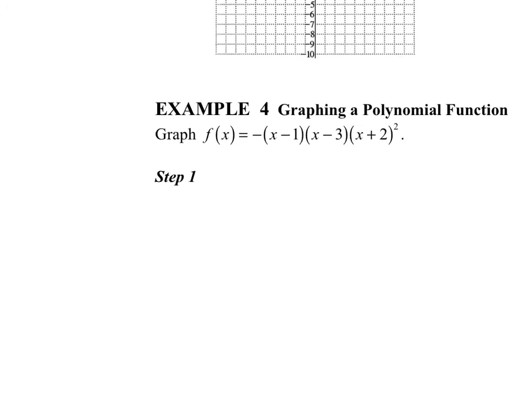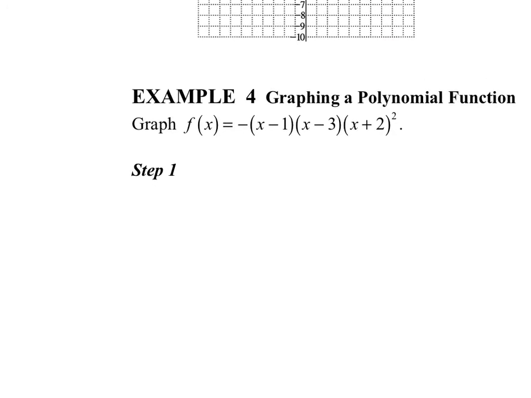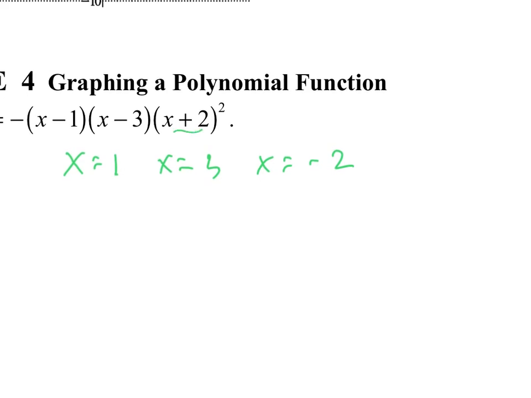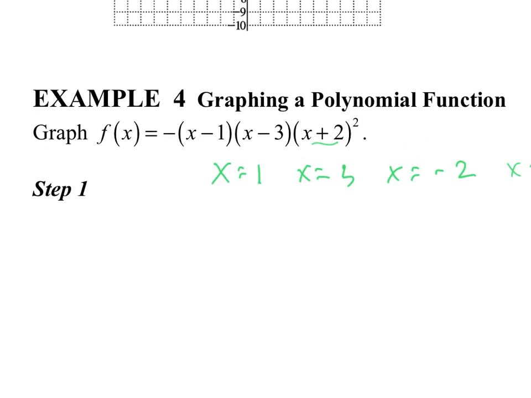What if your polynomial is already factored for you? You can look right here and realize that x has to be a 1, x has to be a 3, and x has to be a negative 2. And look at that, there's 2 of them. Remember the lecture we had.